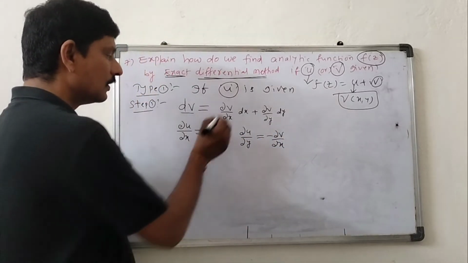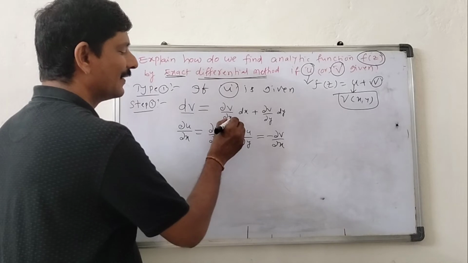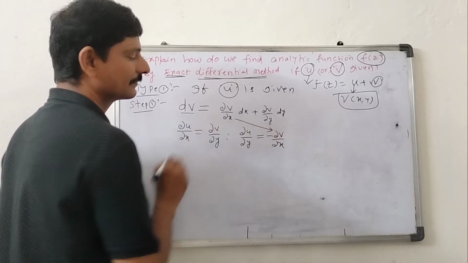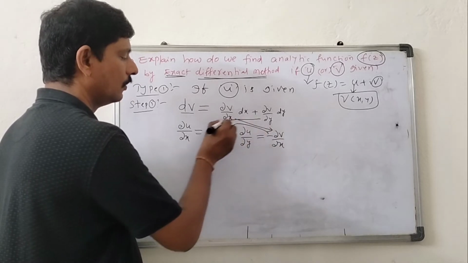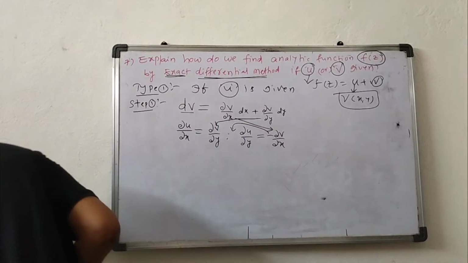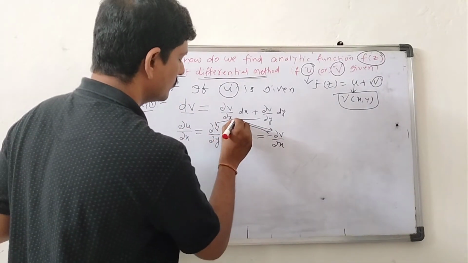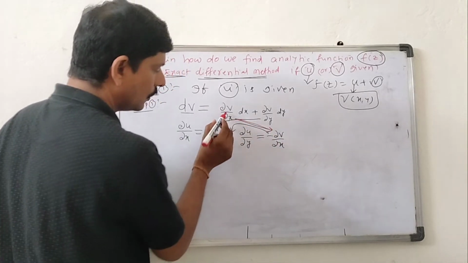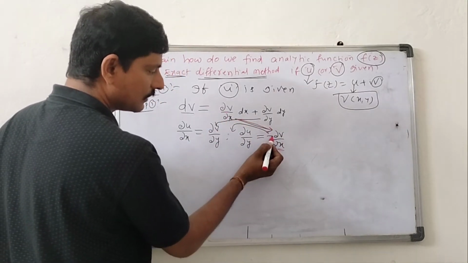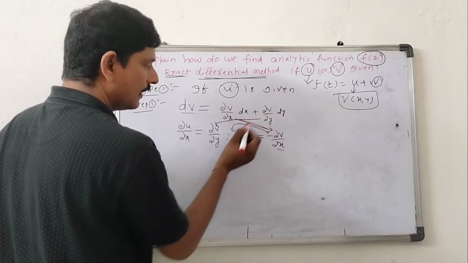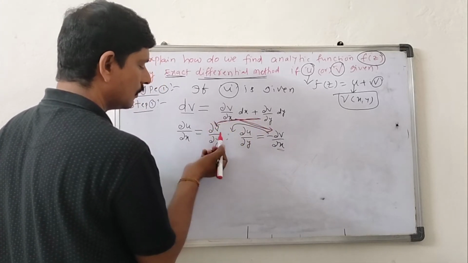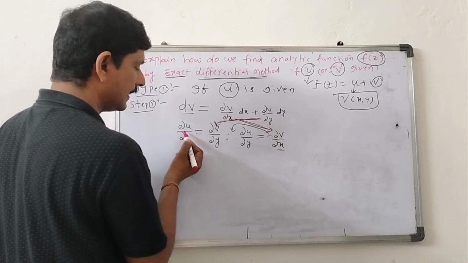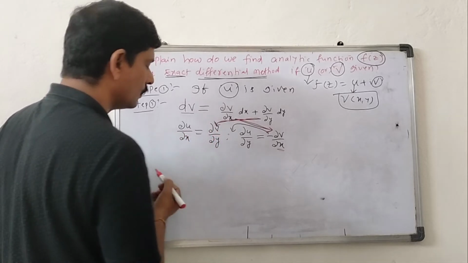So here, what should we substitute for dou v by dou x? We transpose this minus to the other side, so dou v by dou x is minus dou u by dou y. For dou v by dou y, no transpose is required; directly we can substitute dou u by dou x.